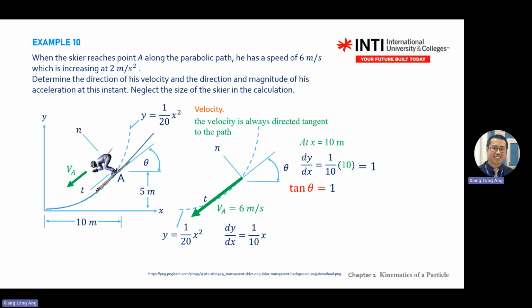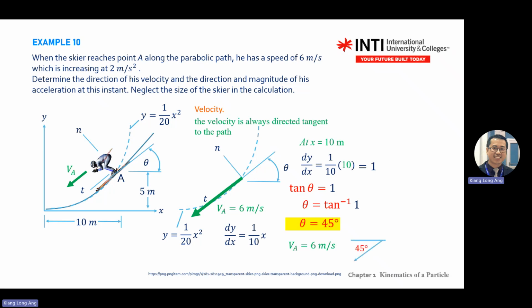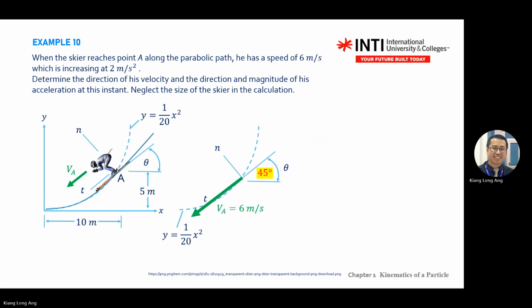It's actually tangent theta. dy dx is the tangent, opposite side. So tangent theta is 1. On the tangent graph, get familiar with the tangent graph behavior. What value gives you 1? At 45 degrees, you get 1. So you know the theta: your velocity is 45 degrees from the horizontal, going down. Once you have this, you have the angle already.